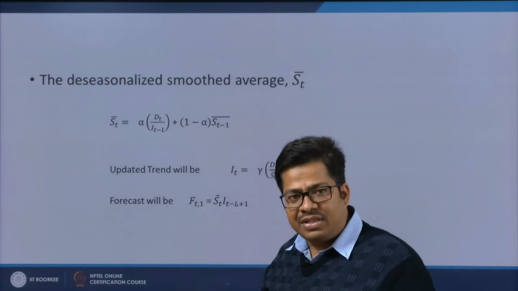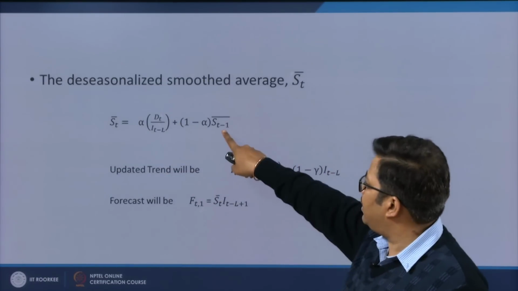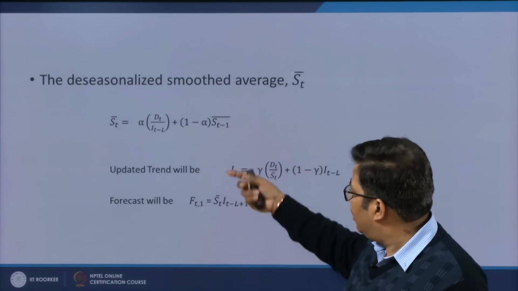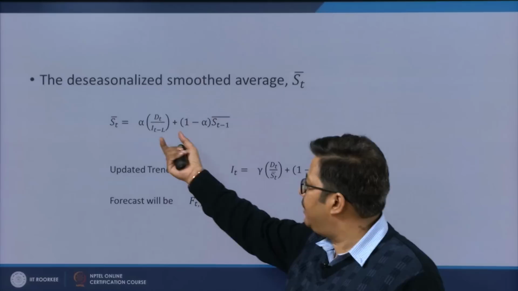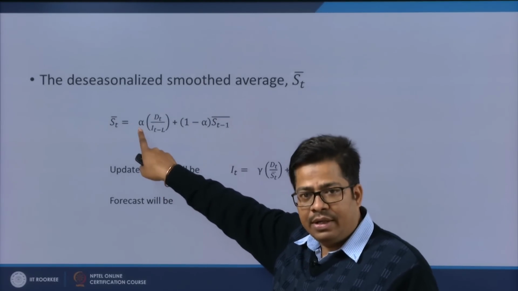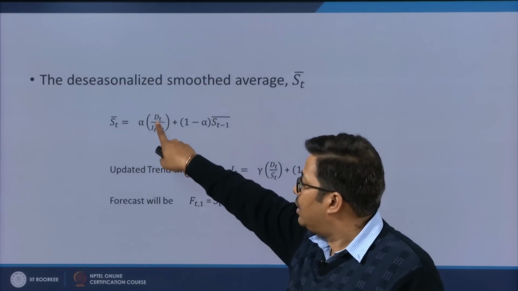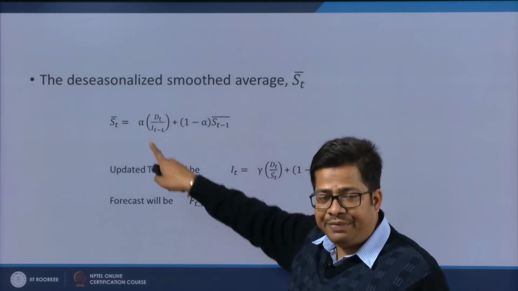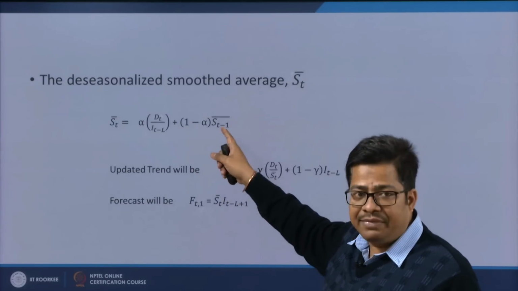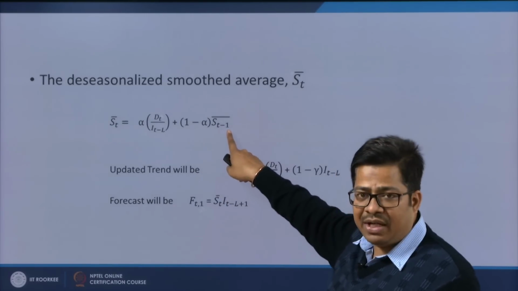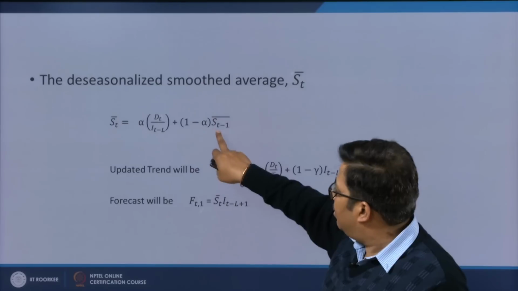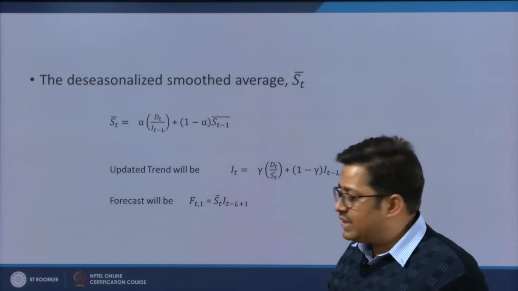Then there is the previous base value, one period before. I will take a part of that and a part of that. Alpha is the smoothing constant, multiplied by the deseasonalized demand of July 2017, plus S T minus 1 for the remaining component, which comes from the base of June 2017.